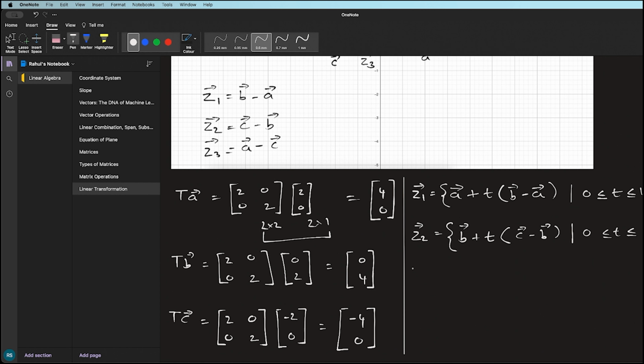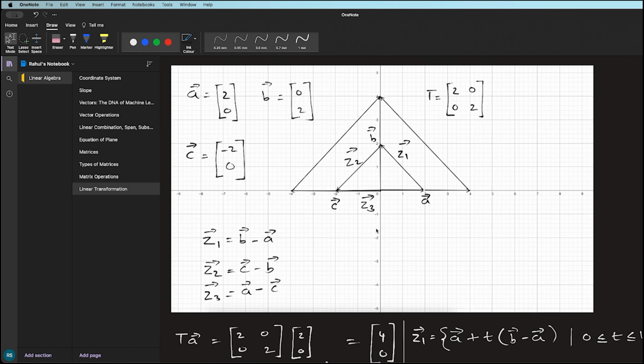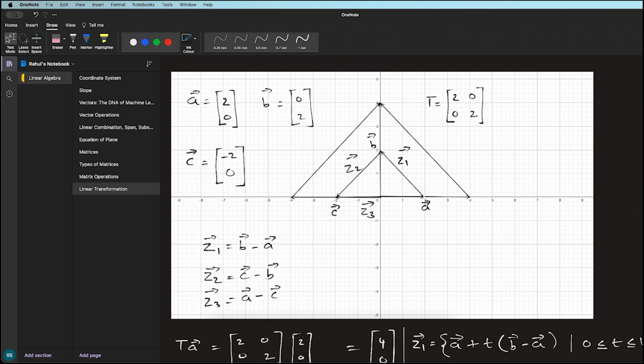Similarly, for vector z3, I can write vector c plus t times (vector a minus vector c), where t is greater than or equal to 0 and less than or equal to 1. So this is how we can scale the shape using the transformation matrix.